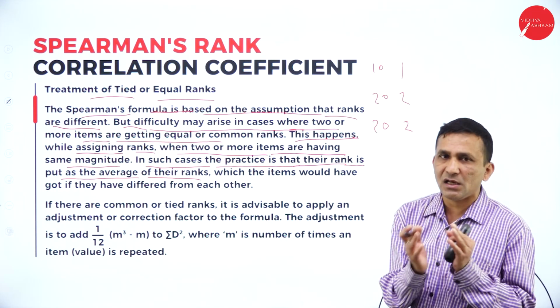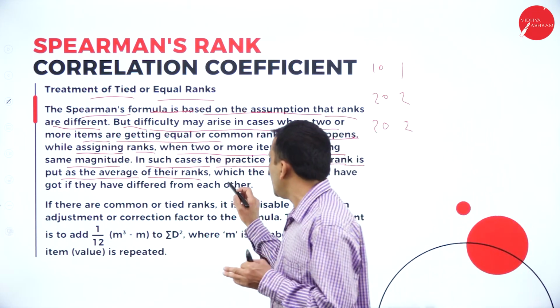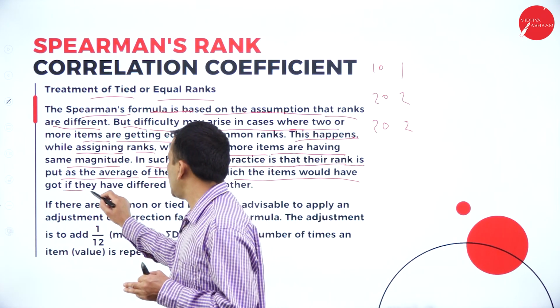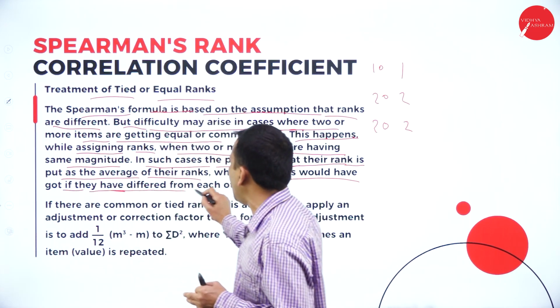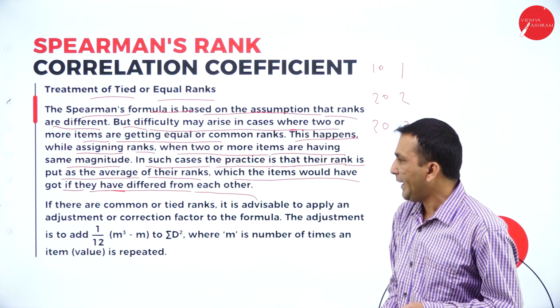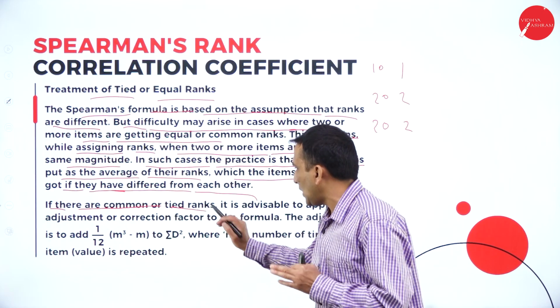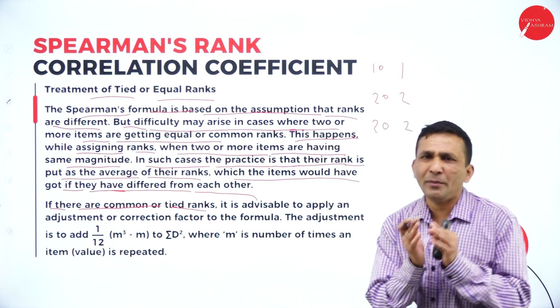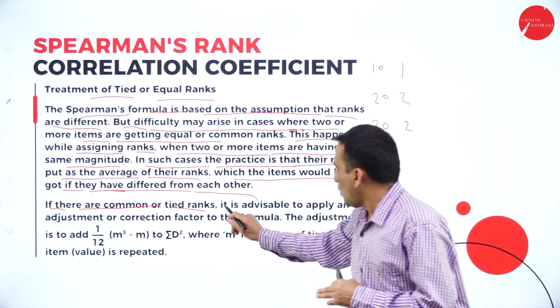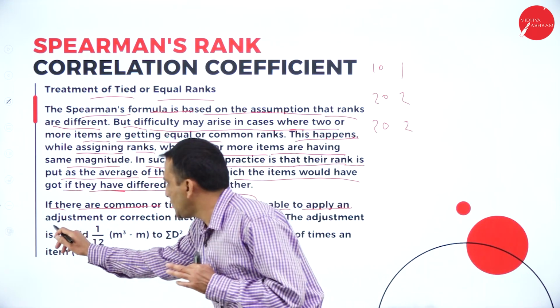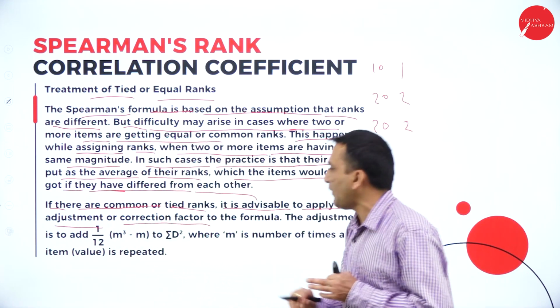We have to distribute equally the ranks which the items would have got if they differed from each other. So if there are common or tied ranks, where both get the same rank, it is advisable to apply an adjustment or correction factor.